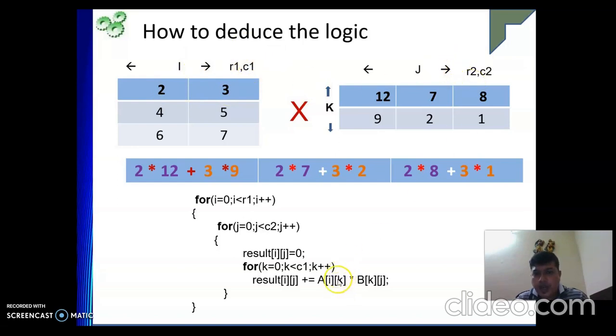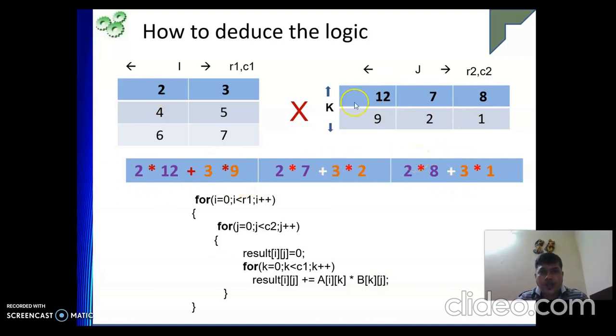So A of I k, and B will again be traveling through the first row, second row, that is the reason why it is B of k, and it will move till j. First it will be j0, then j1, then j2, correct?